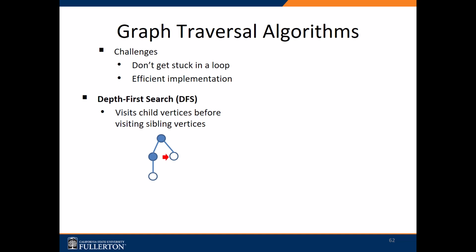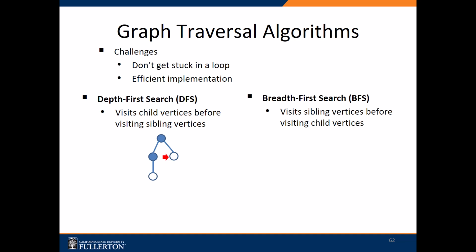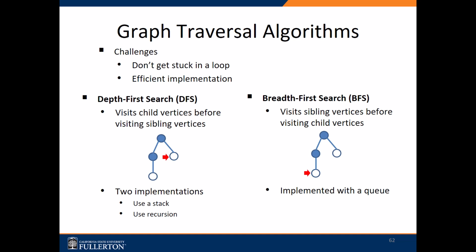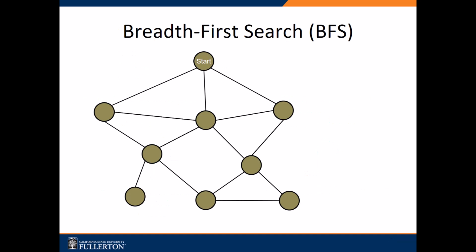This is in contrast to the second approach called breadth-first search, where you visit the sibling vertices before the child vertex. The two algorithms are similar, but they use different data structures. Depth-first search uses a stack or is implemented as a recursive function, while breadth-first search is implemented with a queue data structure. In this presentation, we look at breadth-first search.